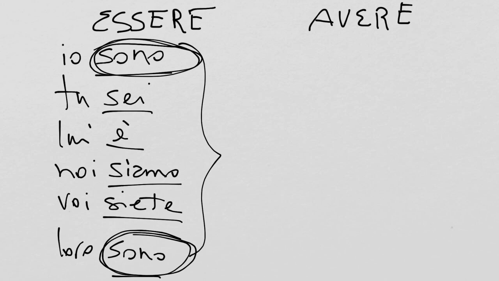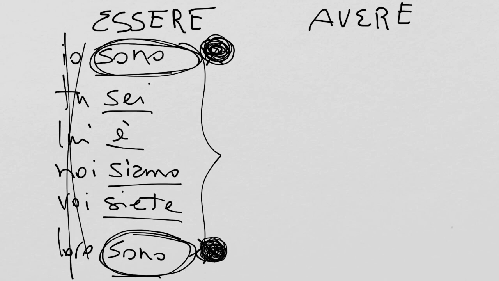Therefore, all of the elements, nouns, adjectives that go with io will always be in the singular form. Loro is plural, they, and all the elements will be plural. Therefore, the context itself will be sufficient to provide information, and there will be no confusion.